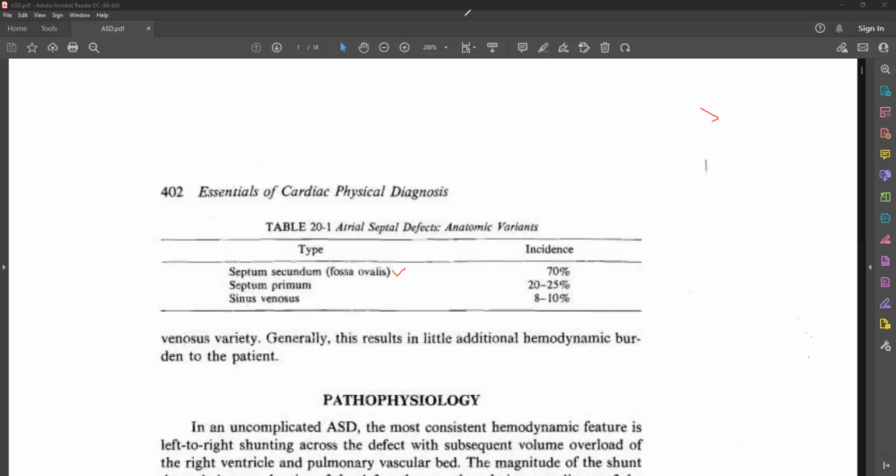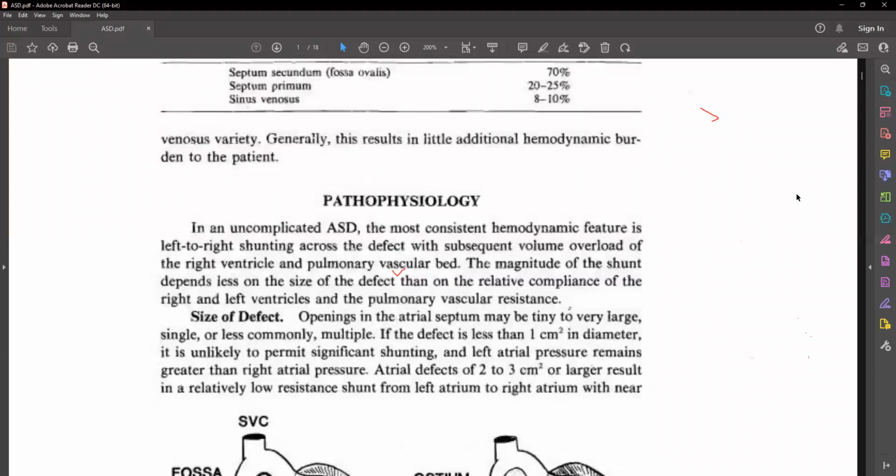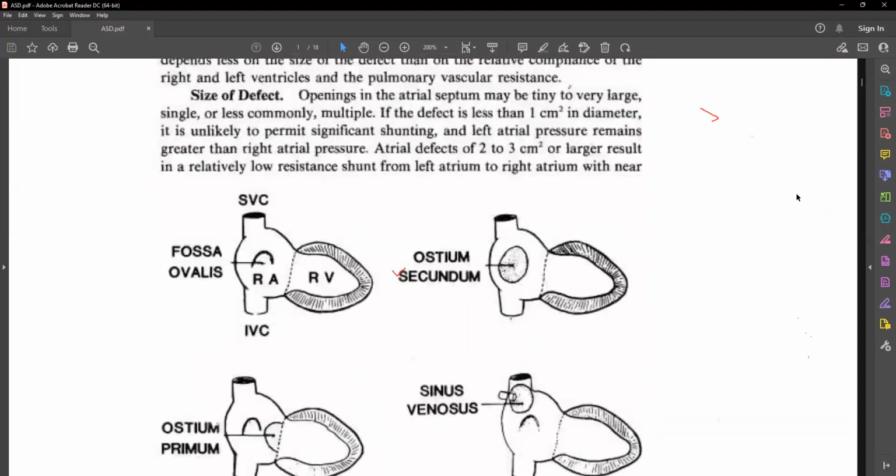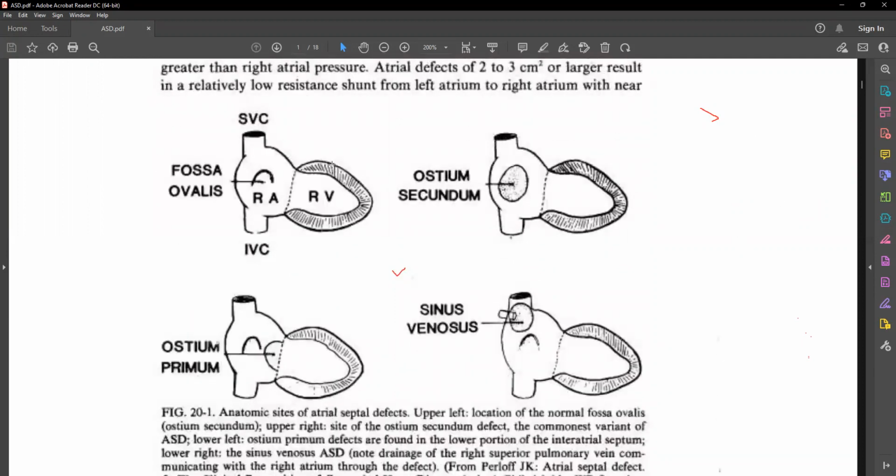So here what you actually see is the normal defect which is called the fossa ovalis, and the location of the fossa ovalis when it is defective we call it as ostium secundum defect.